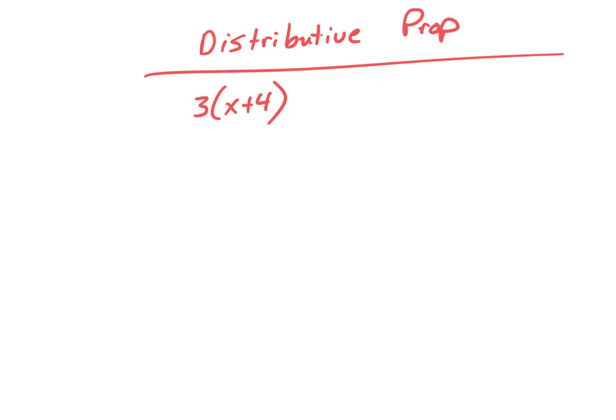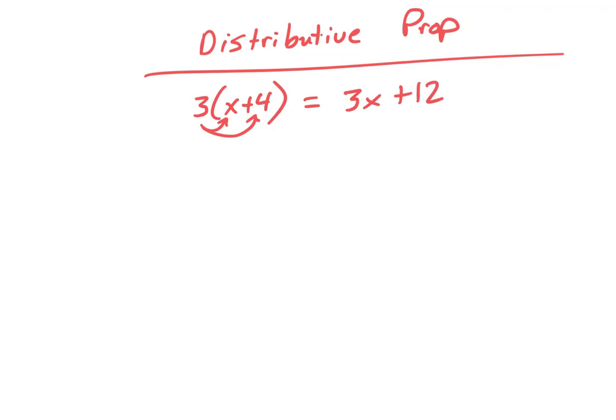We didn't really have any variables that we were doing it with. But this is a skill that you guys have done a lot, all the way back to Algebra 1, maybe even before. We're taking the 3 and we're distributing it to anything that's on the inside. We're taking 3 times x, we're taking 3 times 4. I rewrite my expression as 3x plus 12.